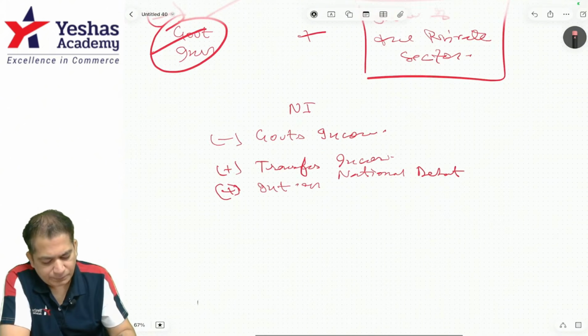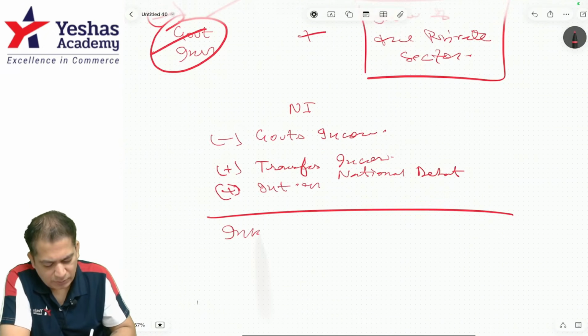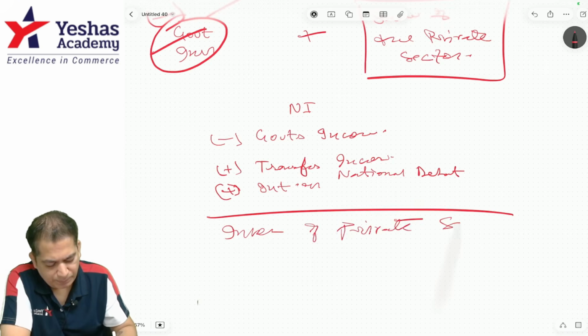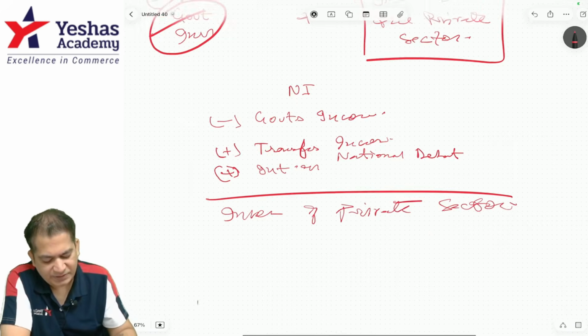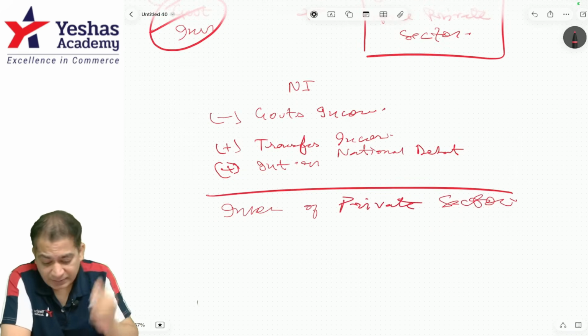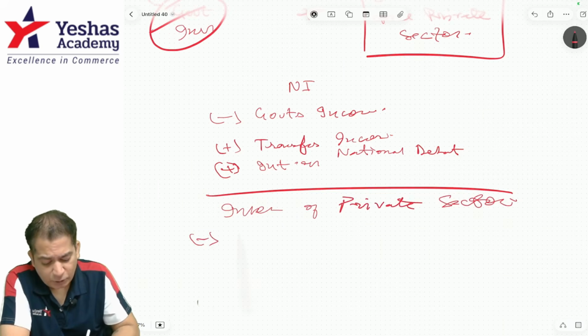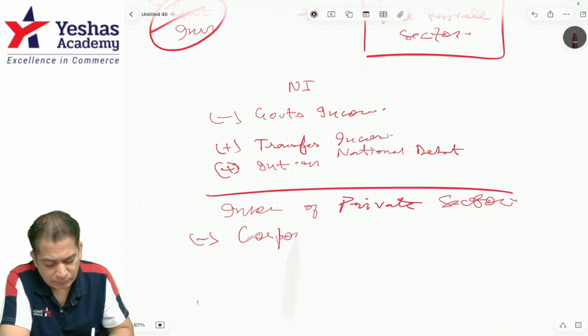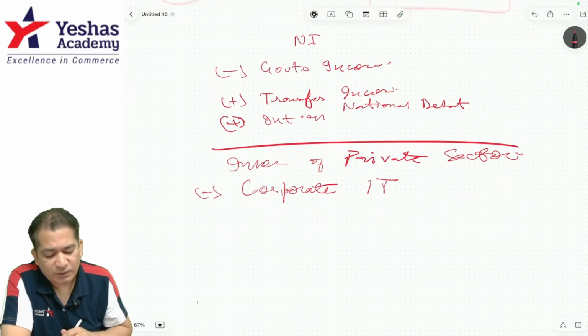But does all this income of the private sector go to the household? No. Two things must be deducted. First, corporate income tax. Corporate income taxes on the net profit have to be deducted.